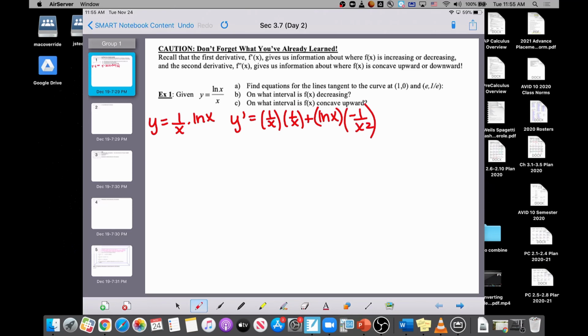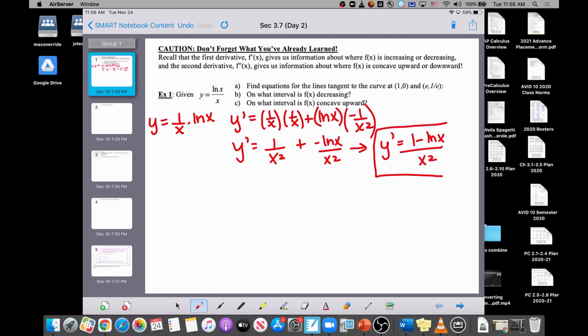Okay, so then if I simplify this, I've got y prime is equal to 1 over x squared plus negative ln x over x squared. So I could combine these two with the same denominator. So I've got y prime is equal to 1 minus natural log x divided by x squared.